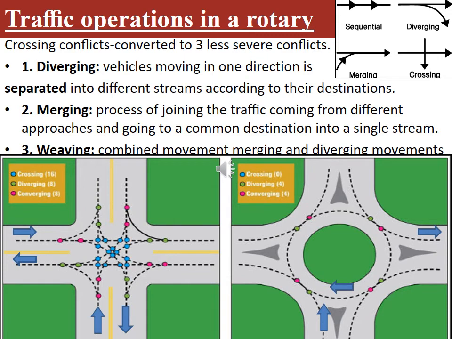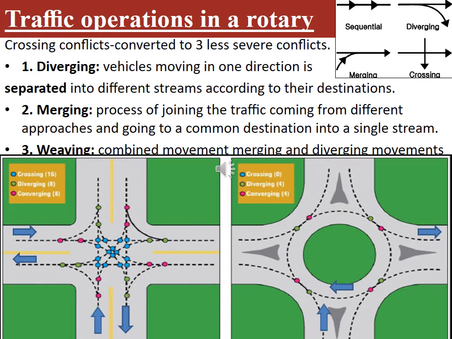3 traffic operations in a rotary are diverging, merging and weaving. Diverging means vehicles moving in one direction are separated into different streams. So, the points in the intersection where diverging of vehicles occurs are known as diverging conflict points.